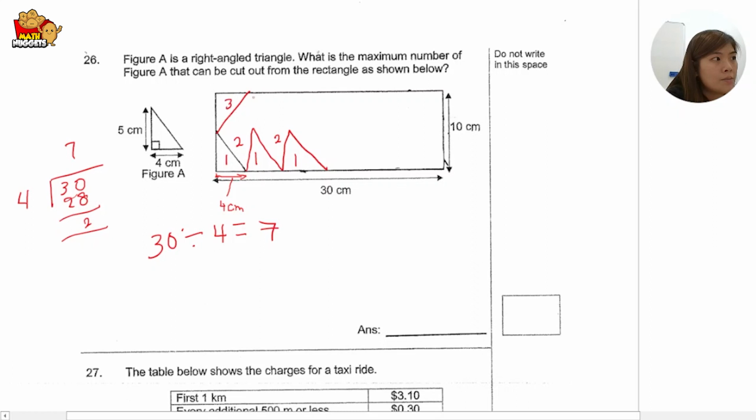And then the fourth set, also here. So in total we have 4 different sets of 7. That's why we take 7 multiplied by 4: 28. 28 is the max.